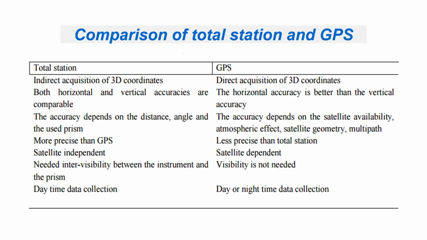The accuracy depends on the satellite availability, atmospheric effects, satellite geometry, multipath, and so on. Nowadays, GPS equipment is less precise than a total station. It is satellite dependent, so in deep forest, near high buildings, underground, indoors, the GPS equipment does not work.